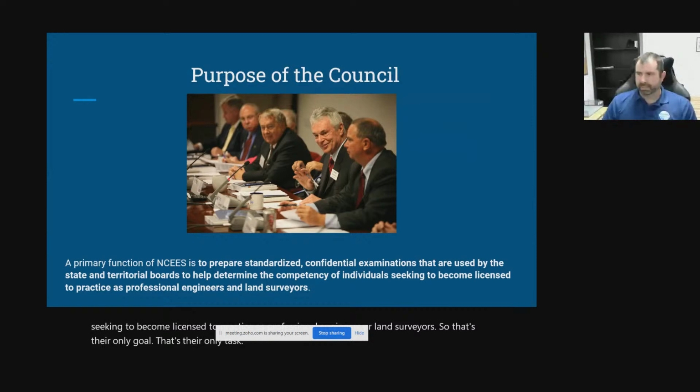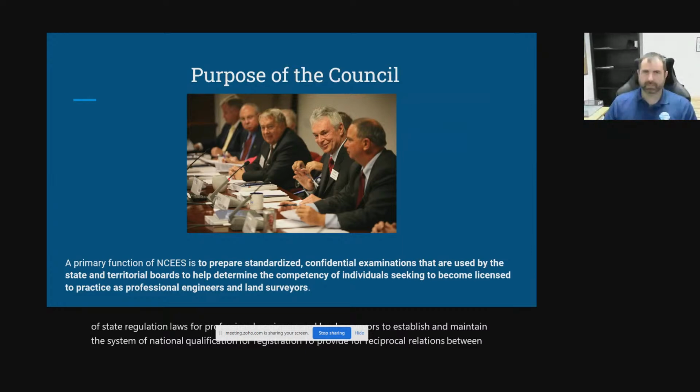So the purpose of the council is also to promote uniformity of practicing of the administration of state regulation laws for professional engineers and land surveyors, to establish and maintain a system of national qualification for registration, to provide for reciprocal relations between state boards.